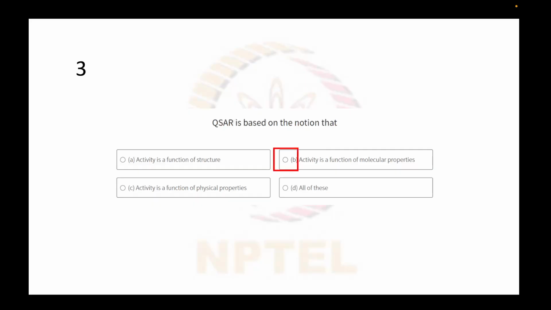QSAR stands for quantitative structure activity relationship: activity is a function of molecular properties or molecular descriptors.